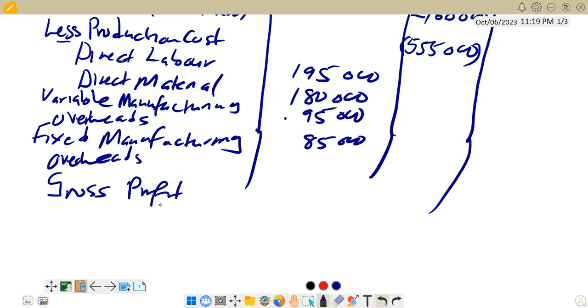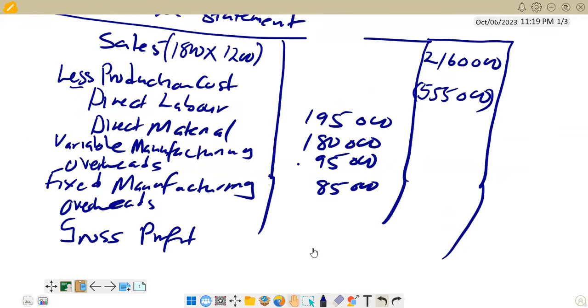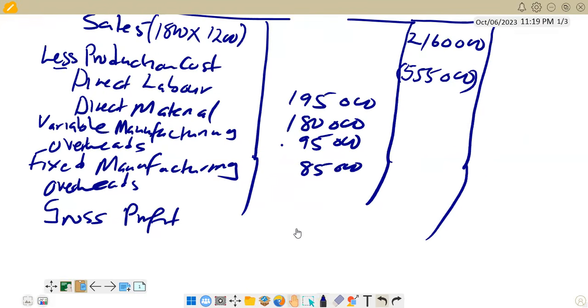If we check on top there, we are going to say 2,160,000 minus 555,000. You get 1,605,000.